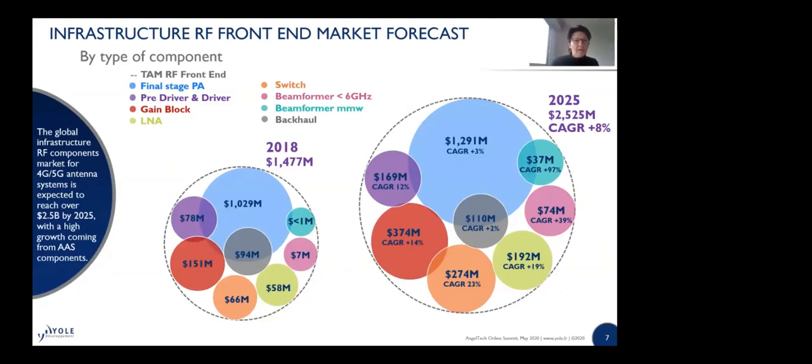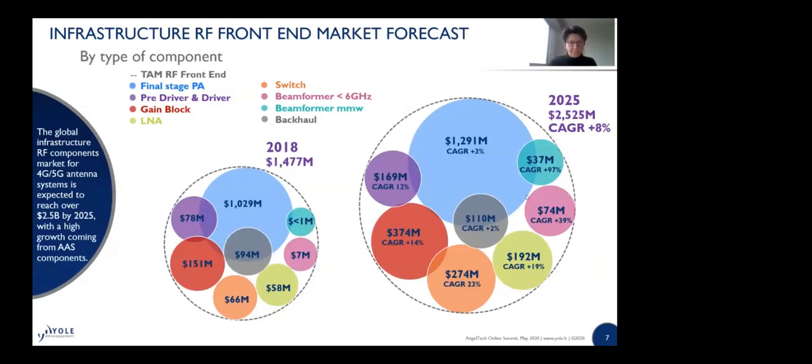It's performed before reaching the antenna. So the high growth really is for these different PA markets. And we will also see, for example, the difference between the final stage PA, the gain block, and the pre-driver and driver. You'll have other pockets of high growth, such as switches, for example, and the beamformers as well.